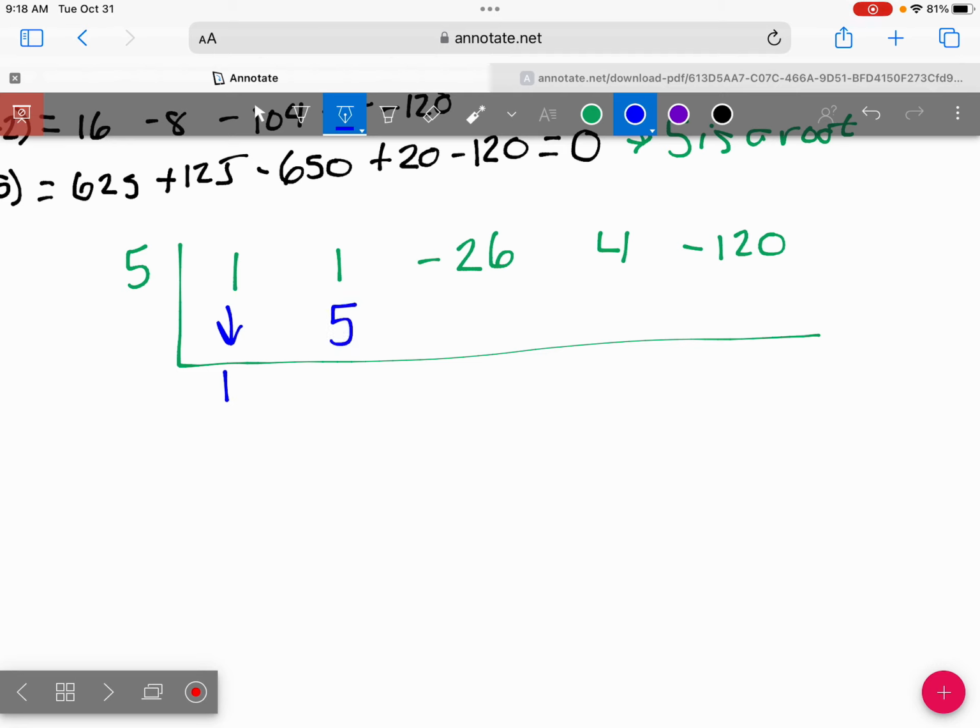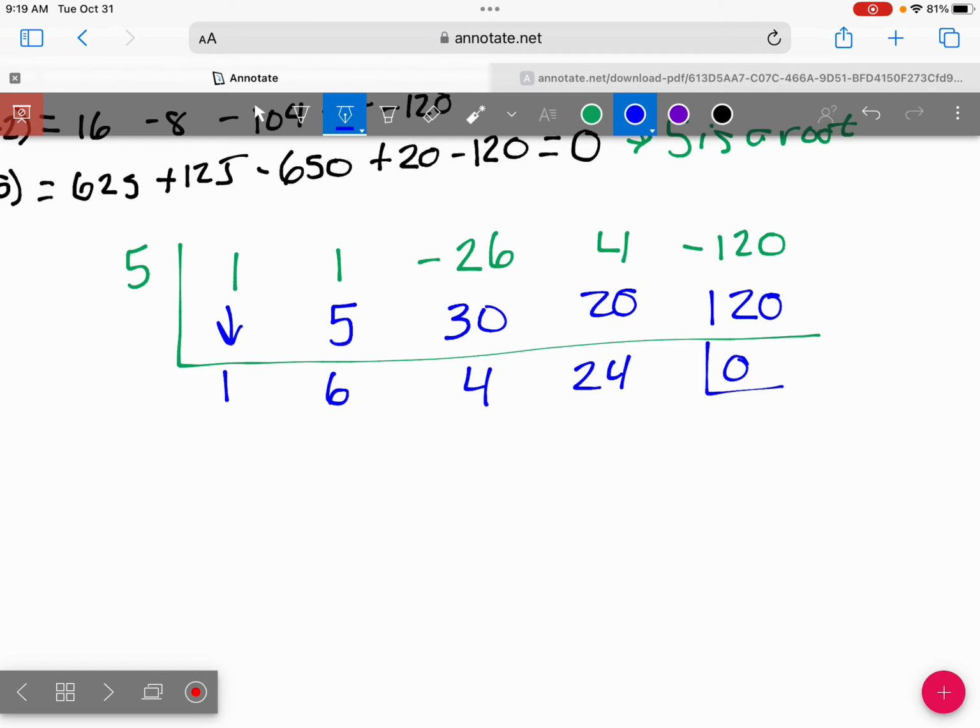We're going to have 5 here. Then we add, gives us 6. What goes here? 30. What goes below that? 4. What goes below this 4? 20. So what goes below? 24. Which gives us 120, which gives us 0. Yay, means we did it right.